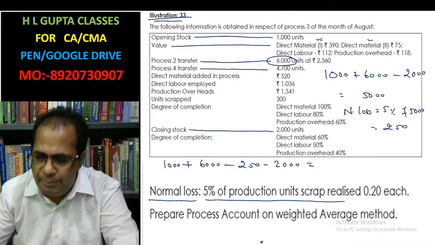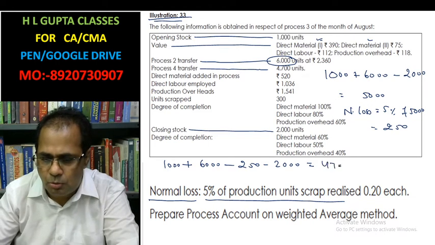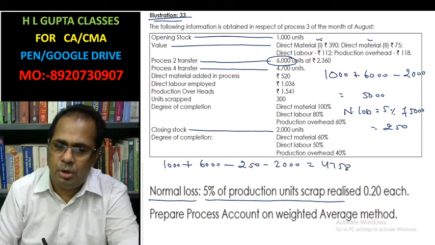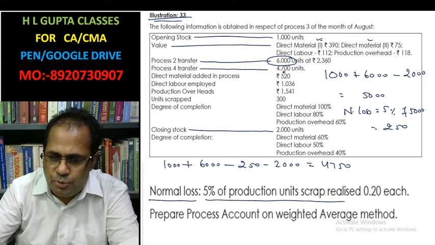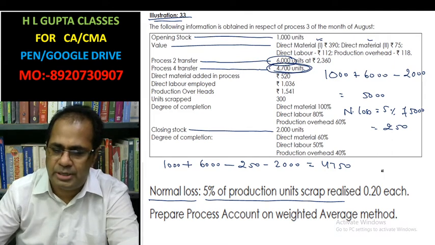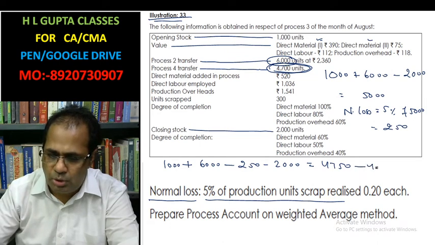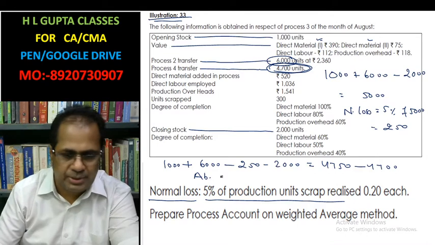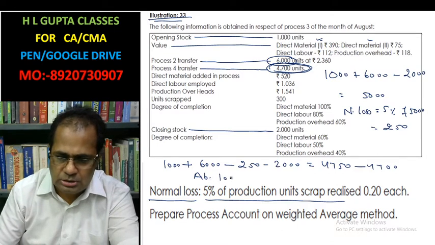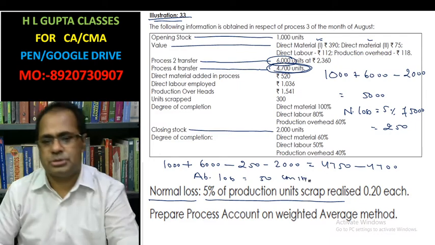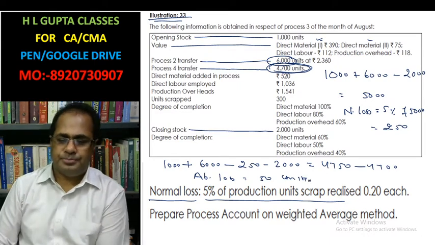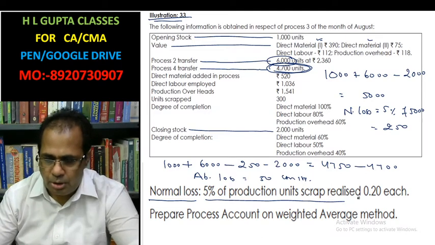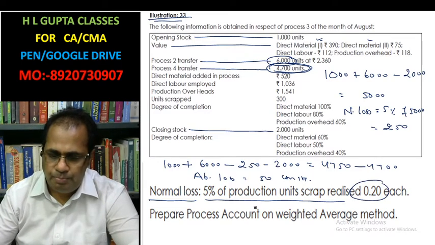It should be 4750, but the transfer to process 4 is given as only 4700. It means abnormal loss is 50 units. Abnormal loss is 50 units, and the normal loss scrap is realized at 0.20.